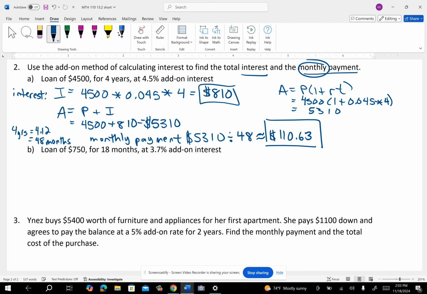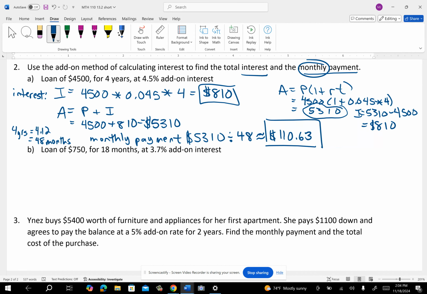The reason I didn't do that is that's not the answer to any question that I need. So I would then have to take that 5310 and subtract the 4,500 to get the interest. Okay? So I'd have to go backwards and do that to get the interest. But then I would already have the 5310, so if I want to know my monthly payment, I'd be able to take that 5310 and divide by 48.